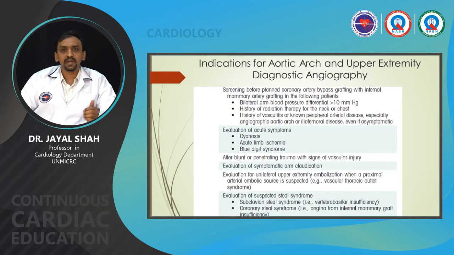Similarly, after blunt or penetrating trauma with signs of vascular injury, for evaluation of symptomatic arm claudication, when unilateral upper extremity embolization is suspected, or for evaluation of suspected steal syndrome, which can be either subclavian steal syndrome or coronary steal syndrome.